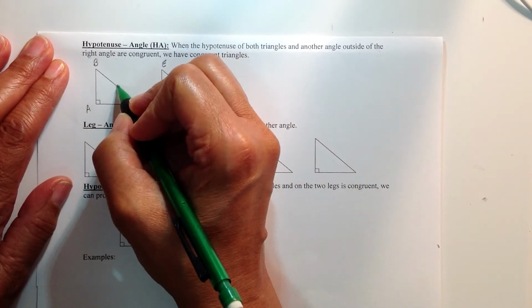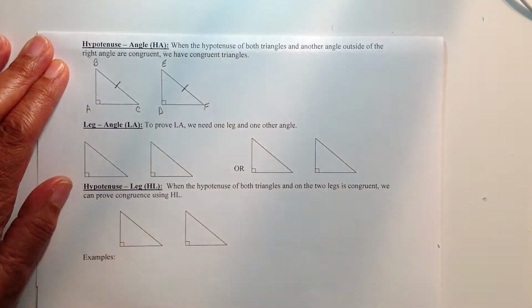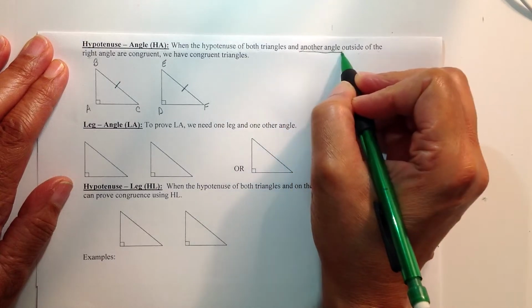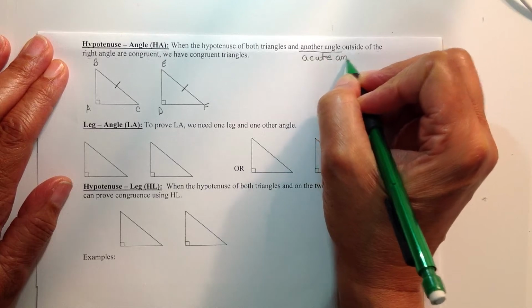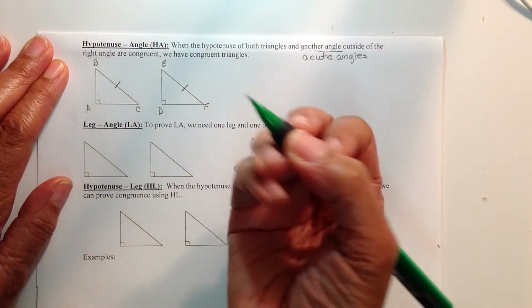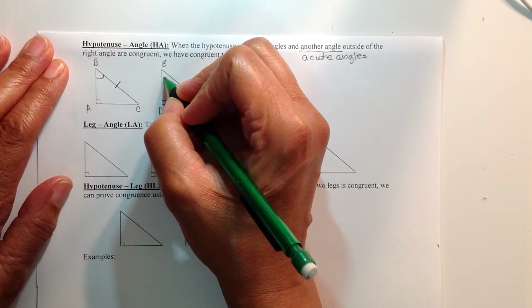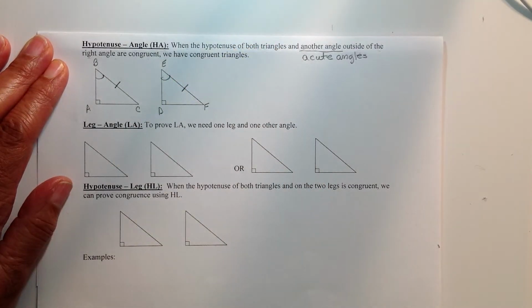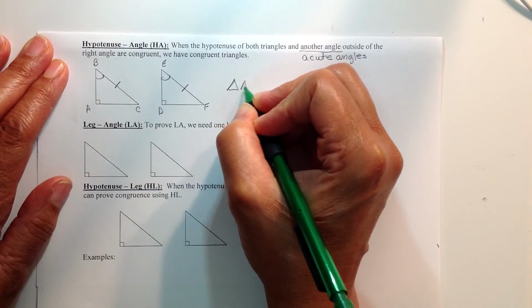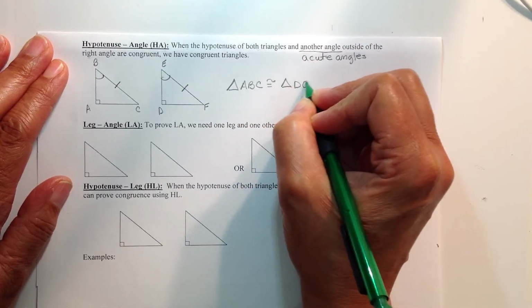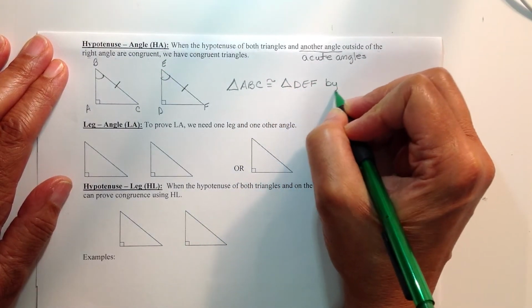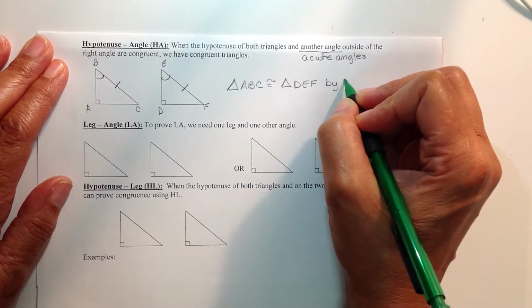In this case, the hypotenuses of both triangles are congruent, and then another angle. This other angle would have to be one of the acute angles in the right triangle. So I'm going to label angle B congruent to angle E. In this case, we can say triangle ABC is congruent to triangle DEF. Why? By hypotenuse-angle.